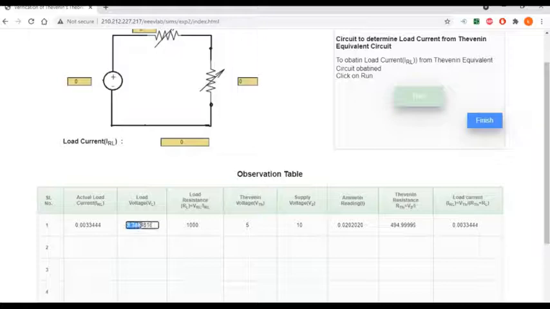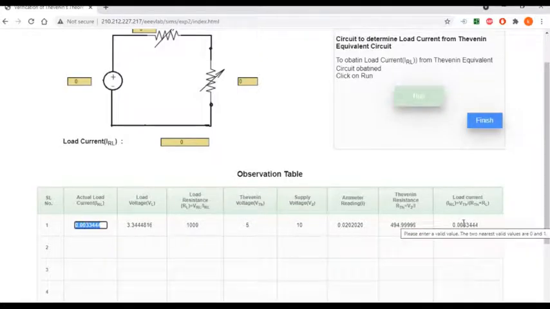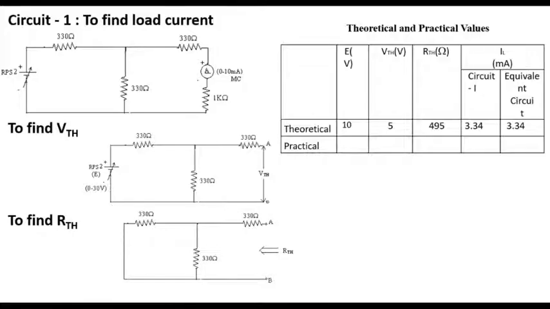That we have got in the original circuit also, 3.3 milliampere. Here this is your current. The actual current is 3.3 milliampere. After we convert it into the equivalent circuit, again the same value we have obtained, 3.3 milliampere.